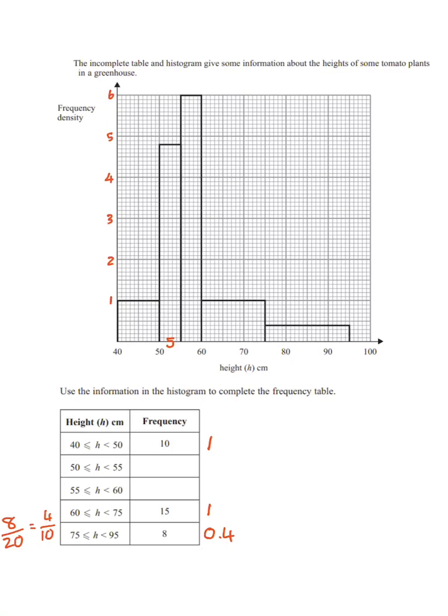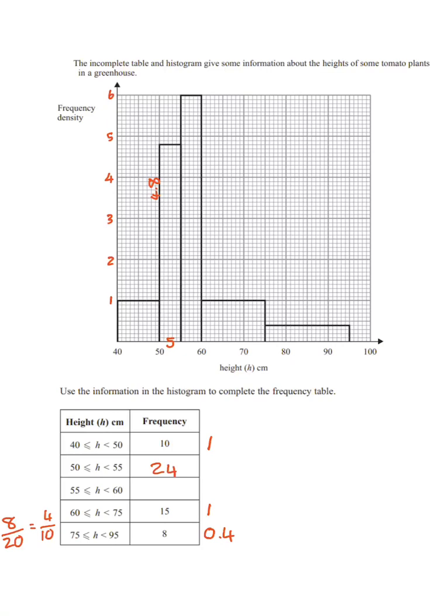So it's 4.8 units long. So to calculate the area of the bar, we'll just do 4.8 times 5, which is 24. So the frequency for the 50 to 55 bar is 24.